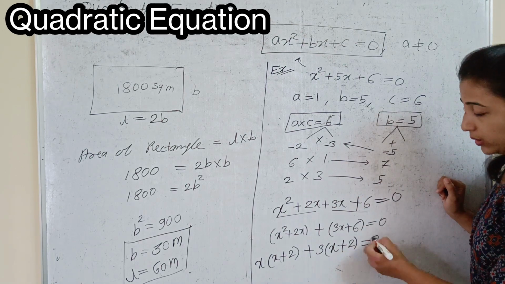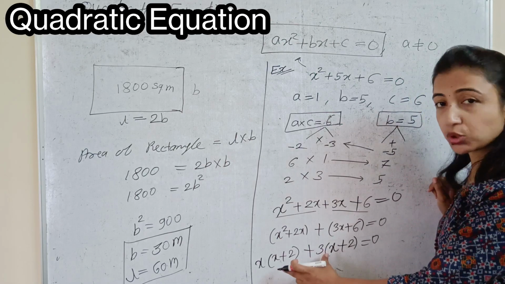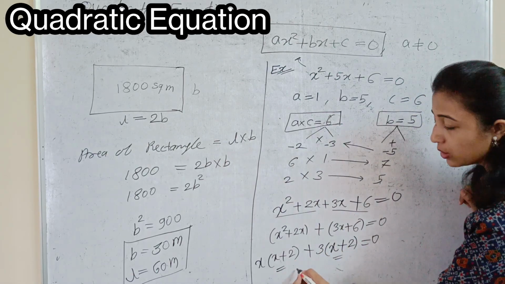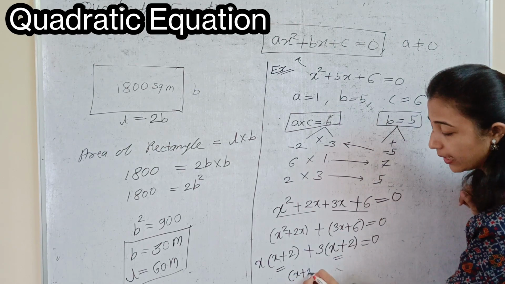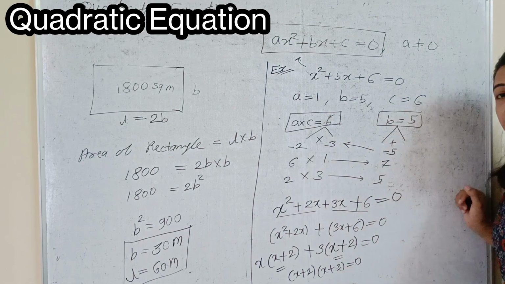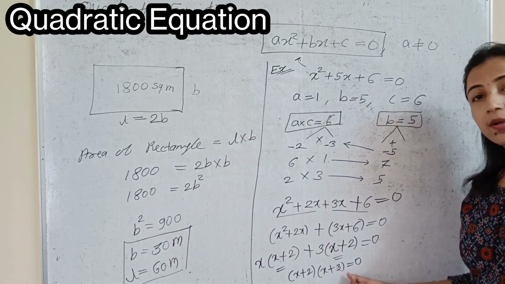Now again there are two terms, and the bracket terms are similar, so take that bracket term outside. So x plus 2 taken outside, the remaining is x plus 3, equals 0.